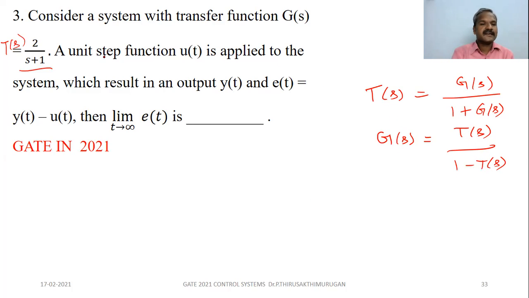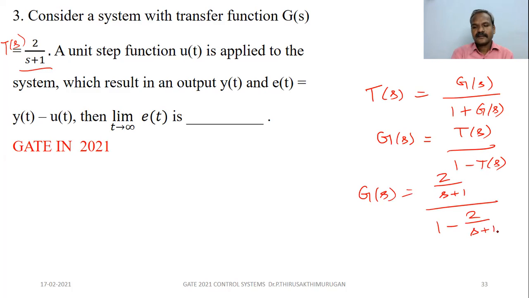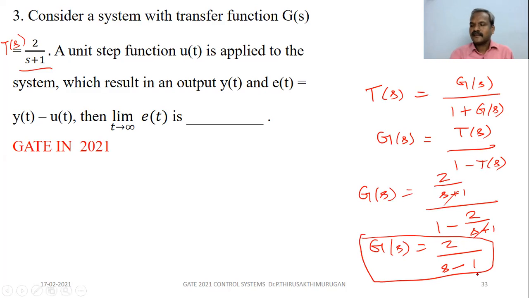T of s is given, so what is g of s? So g of s equals 2 divided by s plus 1, divided by 1 minus 2 divided by s plus 1. So s plus 1 minus 2. So g of s will become 2 divided by s minus 1. So the open loop transfer function is 2 over s plus 1.